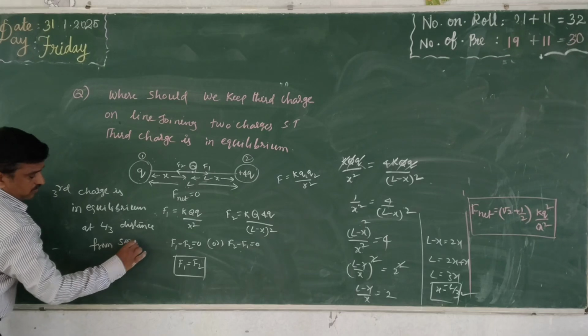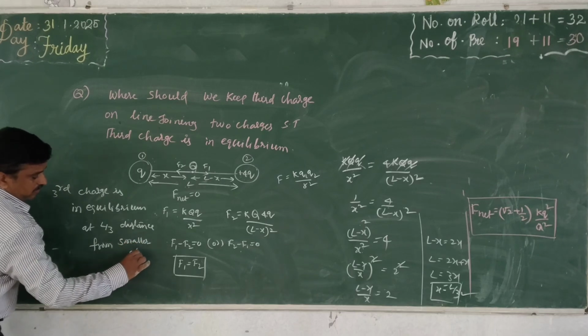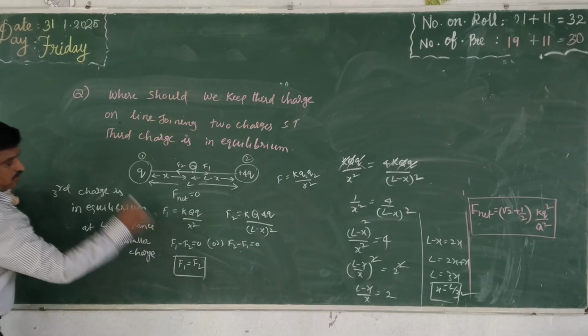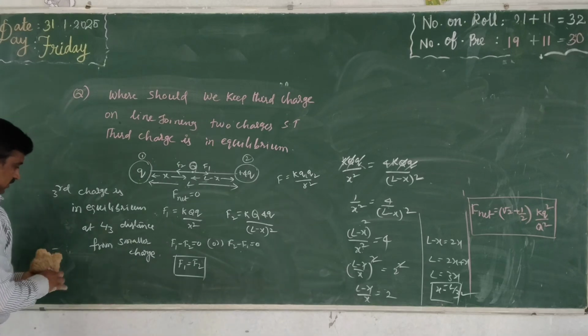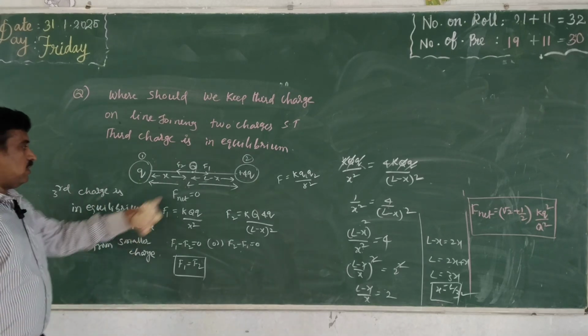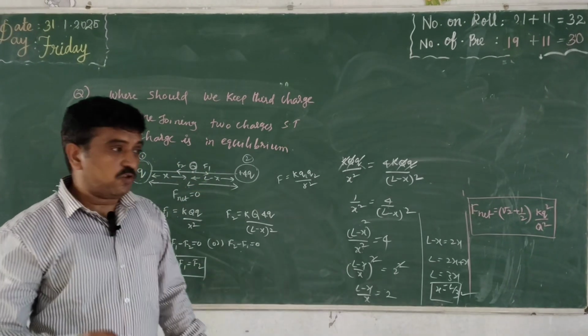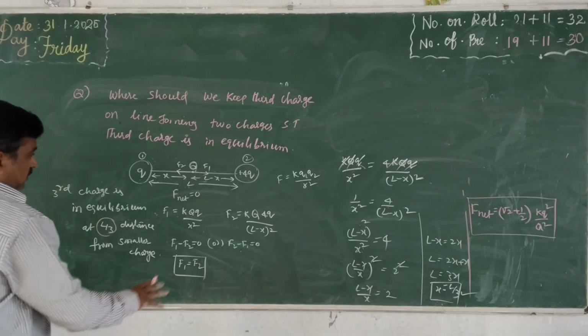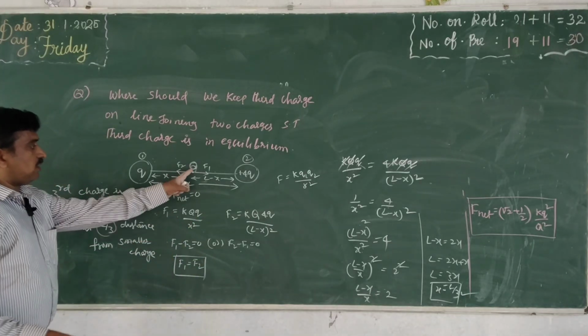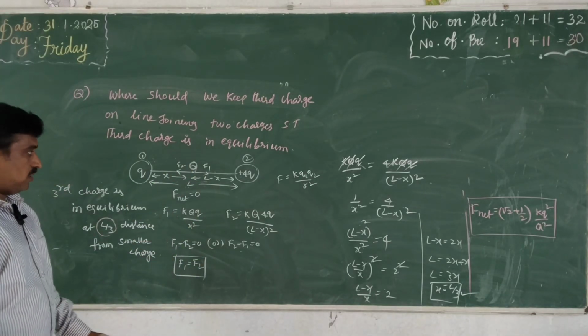The third charge is in equilibrium at L by 3 distance from the smaller charge. At L by 3 distance, what is the net force acting on capital Q? That is 0. So then the third charge is in equilibrium. Understood now this one?